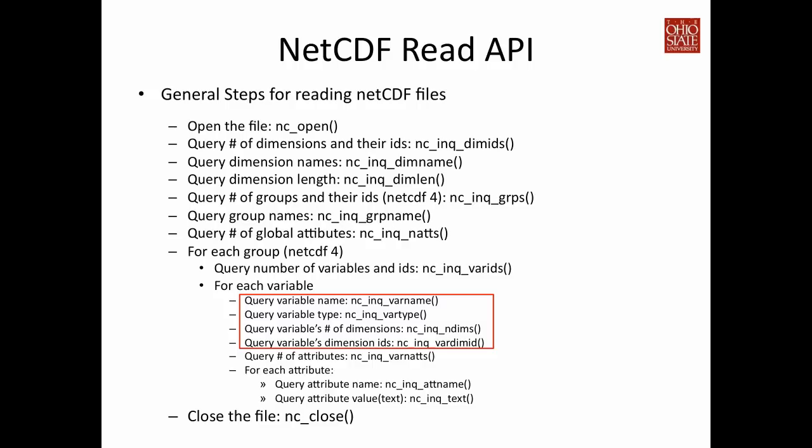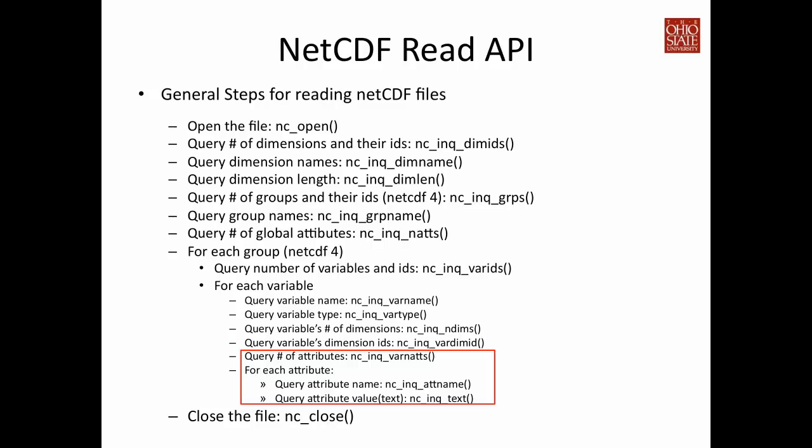Like I say, each variable can be defined under a subset of dimensions. So you query, first of all, the number of dimensions, and also the corresponding dimension IDs that are used to define this variable. A variable can have attributes.